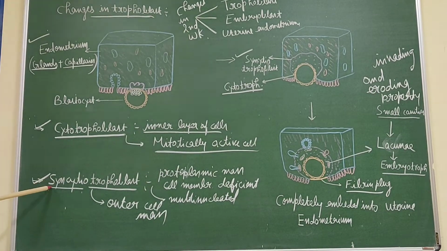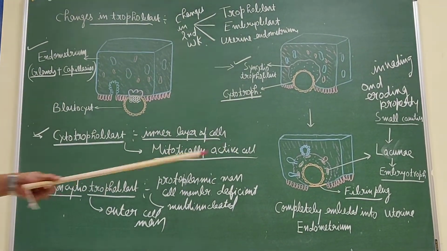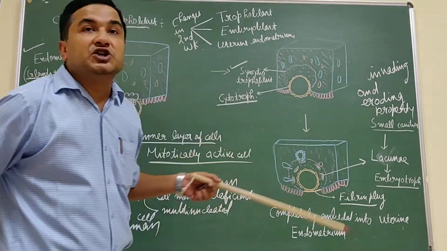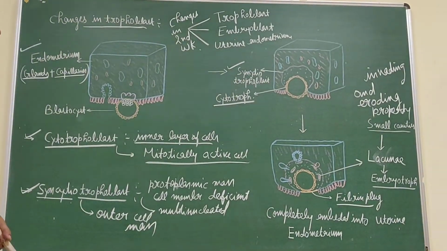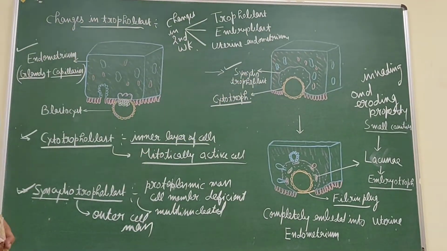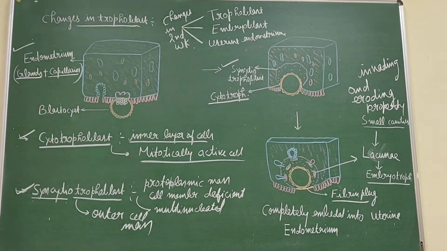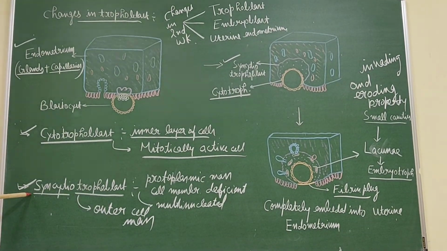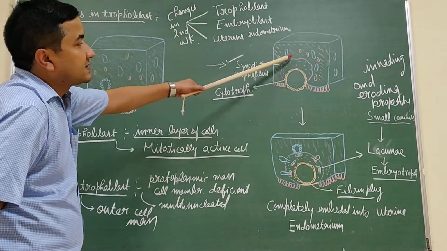While the syncytiotrophoblast are not mitotically active. They have the property of invading and eroding the uterine endometrium, as a result of which this blastocyst enters into the uterine endometrium. Now, these syncytiotrophoblast cells are the outer cell mass.